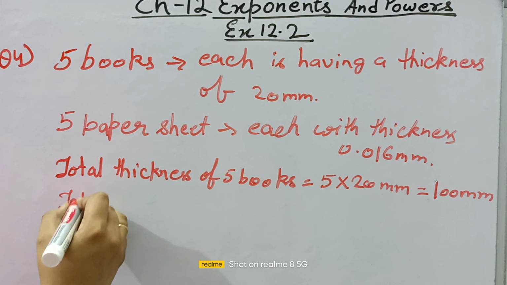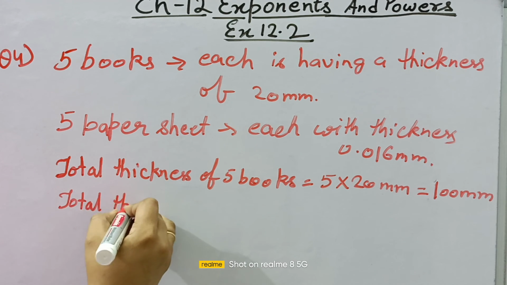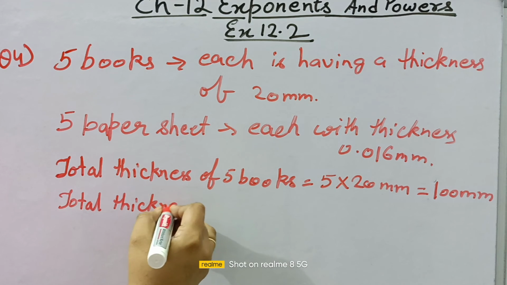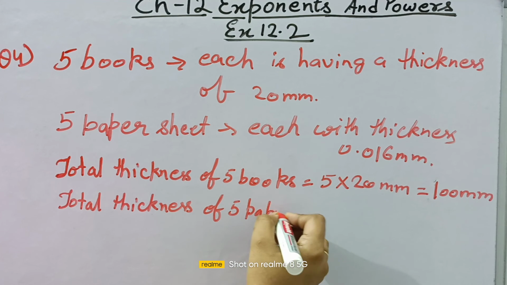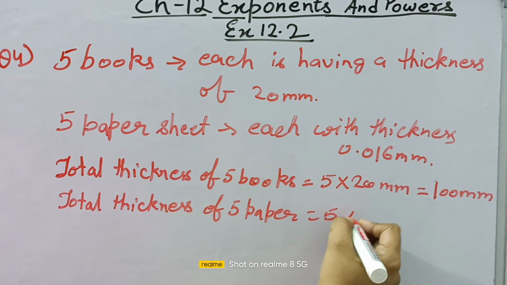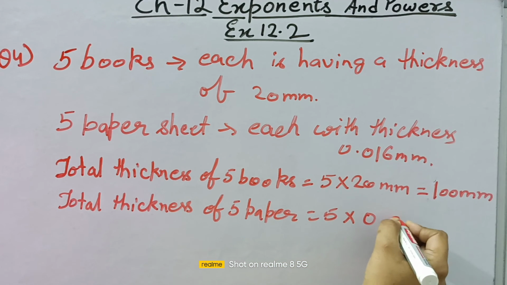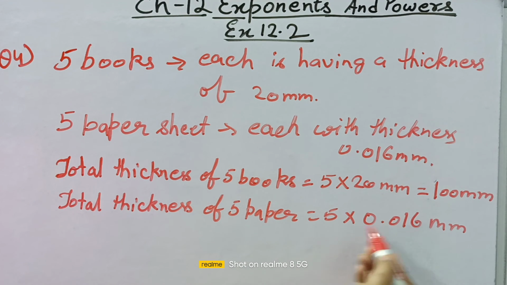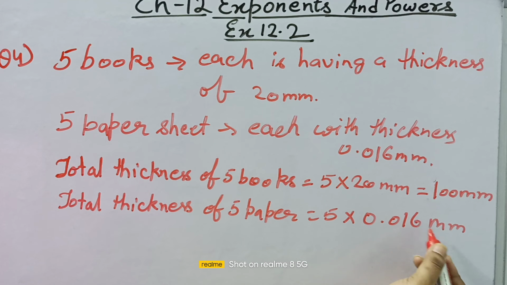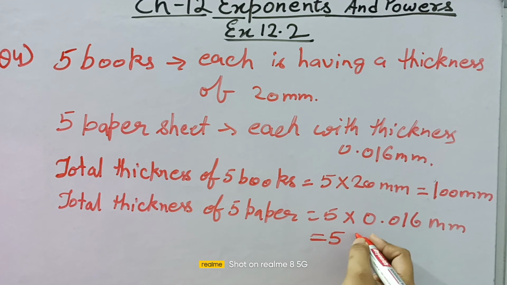Now the total thickness of 5 paper sheets is equal to 5 multiply 0.016 millimeter. Now this thickness is not in standard form, so you will write this in standard form here. What you will do, you will shift this decimal to right hand side. See how many times it will be shifting.